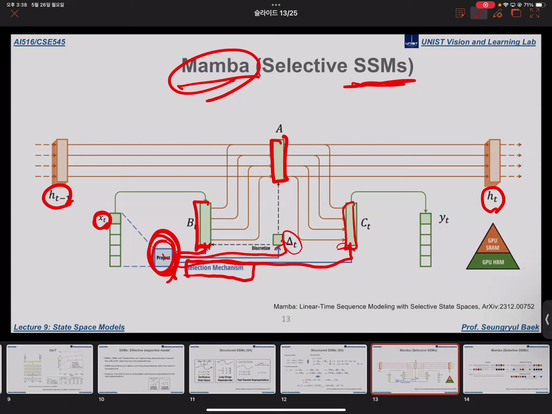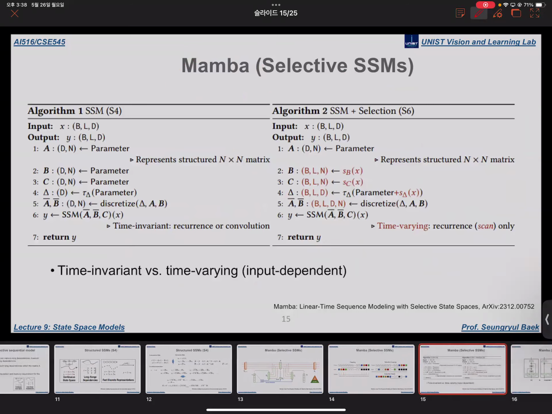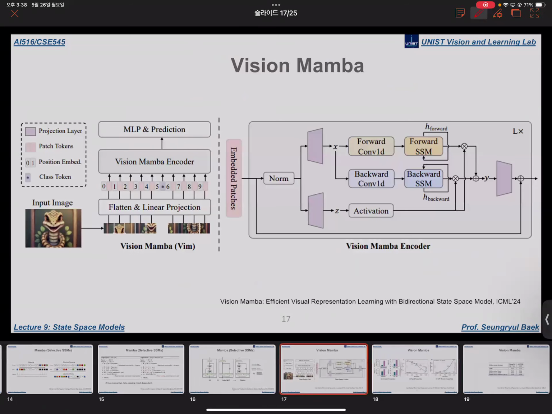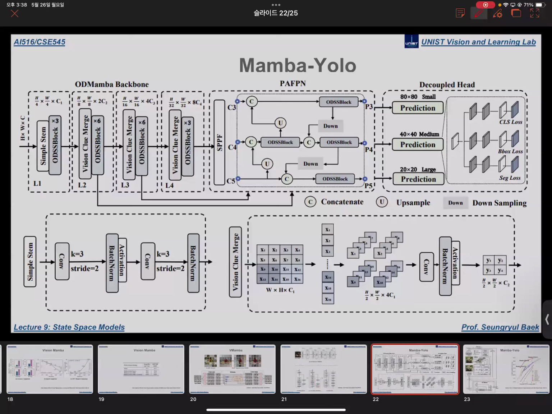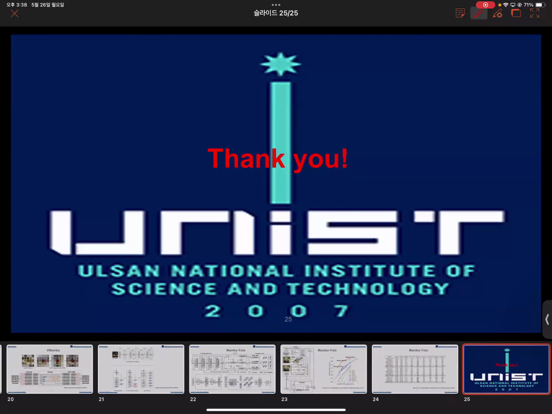And to make the output more robust, they are using some selective mechanism. That is actually the Mamba architecture. And there have been some recent works that try to apply this Mamba architecture to many vision tasks. So we will learn about that in the next lecture.